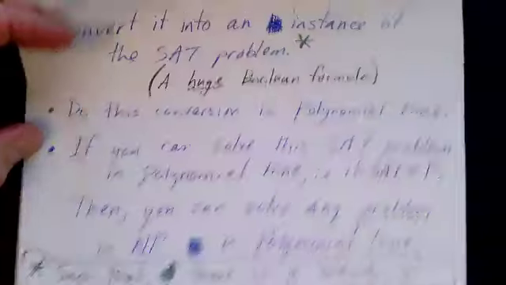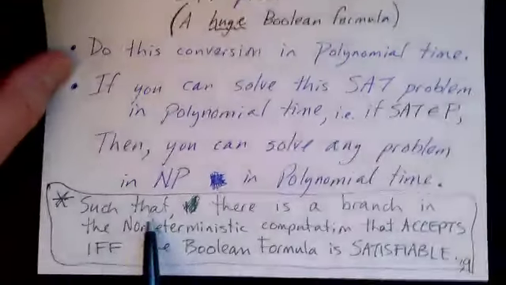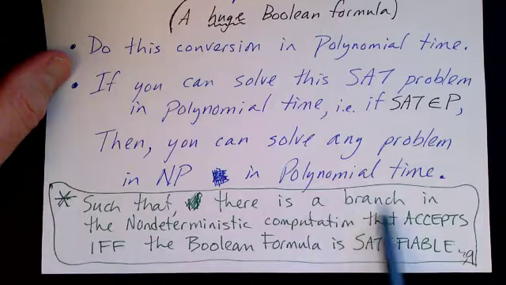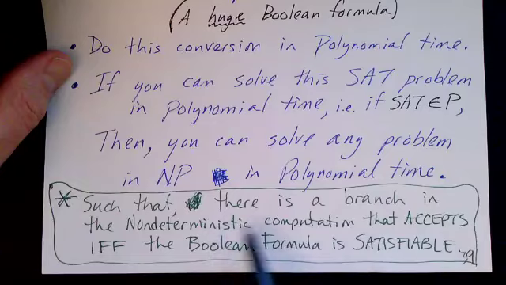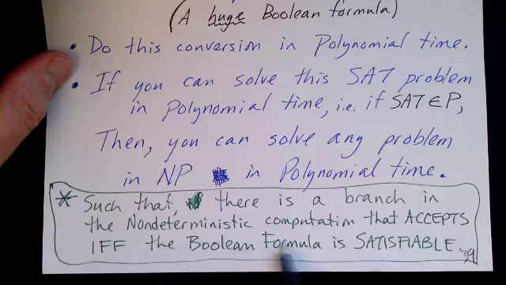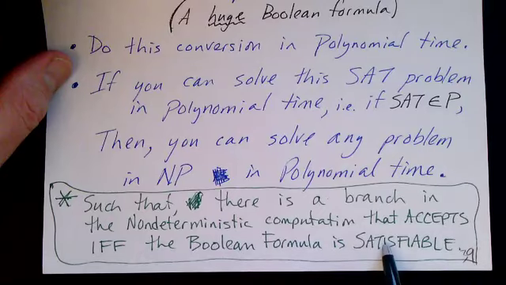And we're going to convert it into an instance of the satisfiability problem such that there's a branch in the non-deterministic computation that accepts if and only if the Boolean formula is satisfiable.